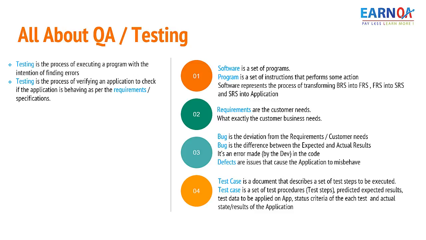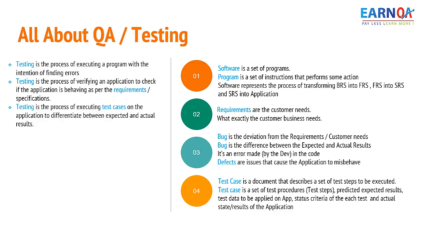Okay, and still there is an enhancement in the definition. The latest version of the definition is that testing is the process of executing test cases. Test cases are a set of instructions that explain what to test, where to test, how to test, and why to test. So those test cases we would validate.